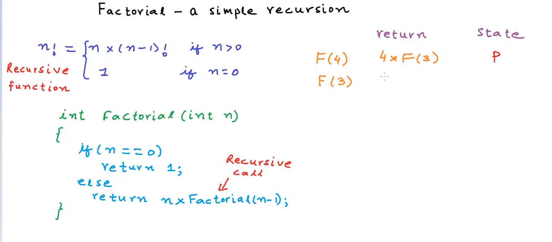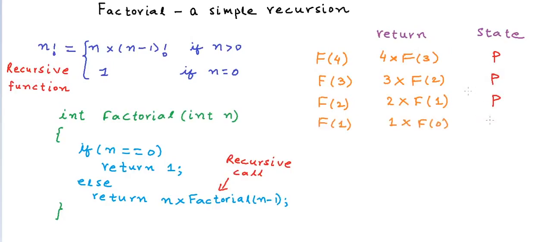Now f3 again makes a call to f2. So the computer again pauses this execution of f3 and goes to calculate f2. Now f2 again calls f1, so we pause this again and we keep going. f1 again calls f0. Now when we come to f0, there is no recursive call any further, and if you can see on the left, this condition holds true.